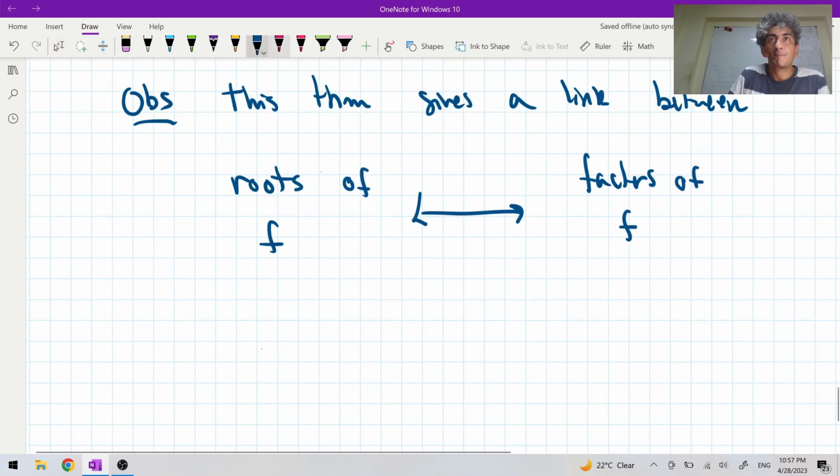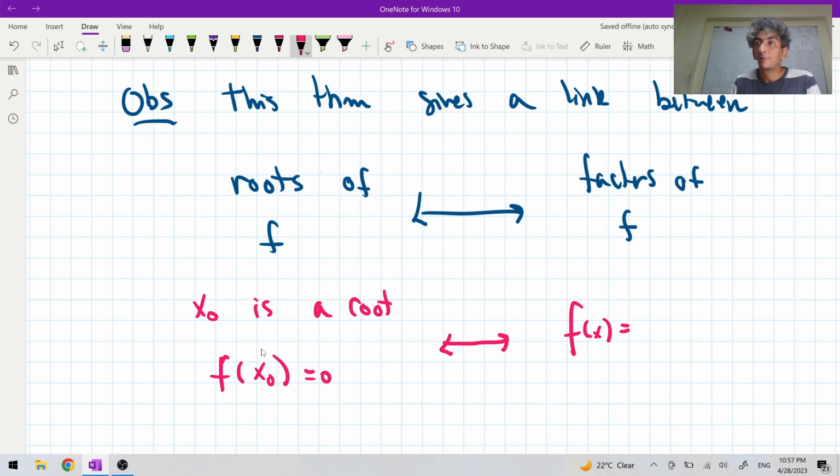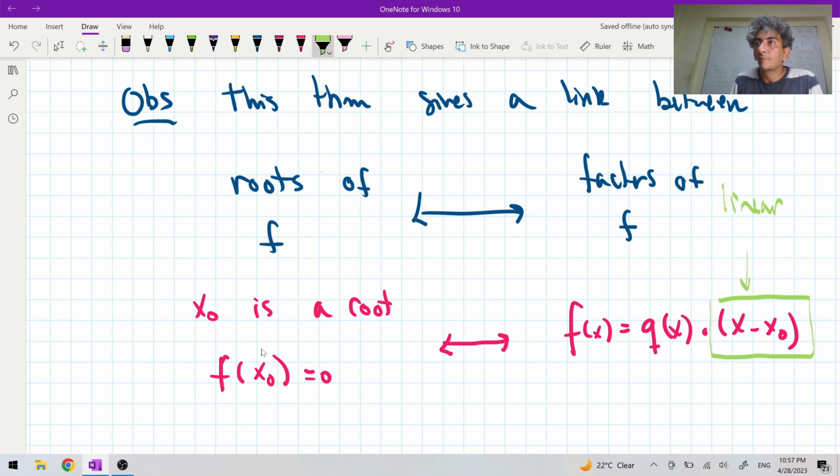Say x naught is a root, which means that f at x naught equals 0 if and only if f can be factored. It can be written as q of x times x minus x naught. This is what we call a factor of f, and it's a linear factor. We call it a linear factor because it's a polynomial of degree 1.